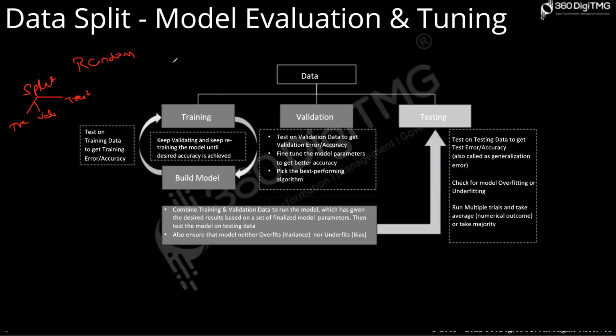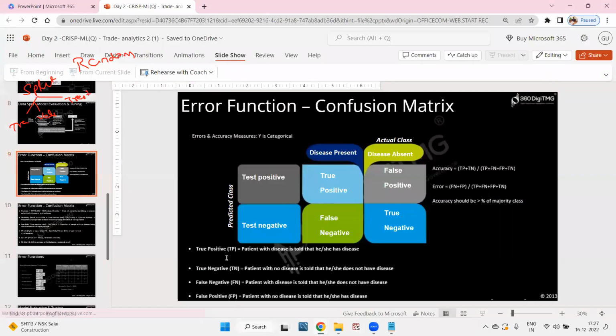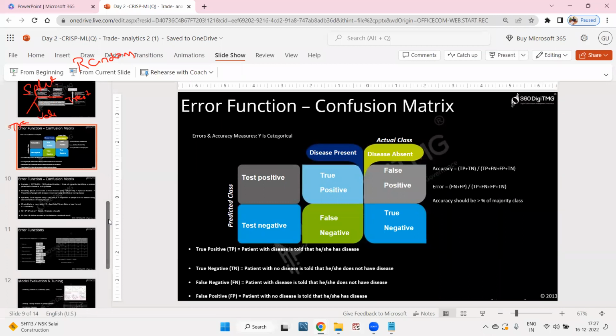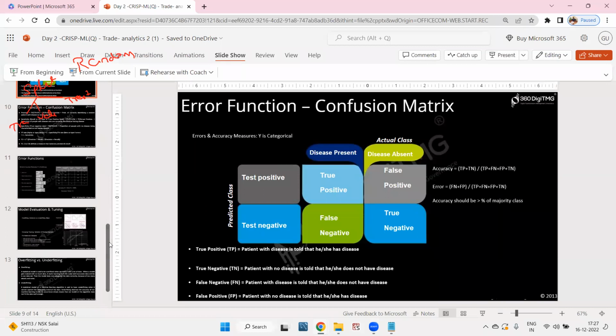This is one of the criteria in model evaluation. There are multiple things we need to look into, but due to the time constraint, we will go on. What happened in the training data set? We are constructing the algorithm. After constructing the algorithm, we test it.